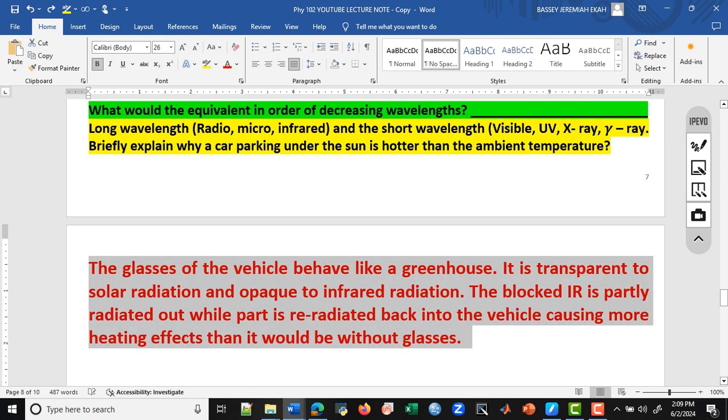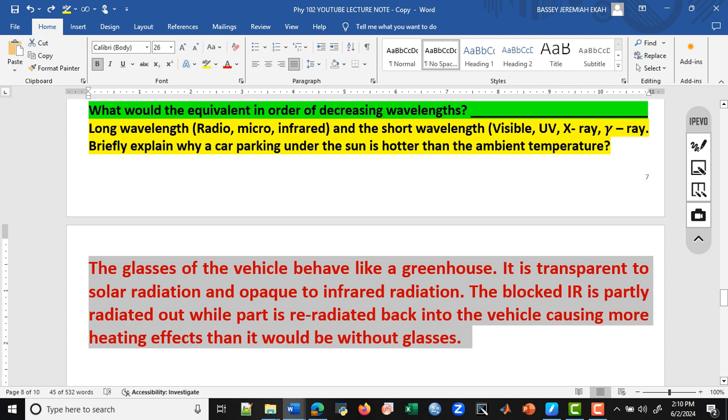Okay, let's look at the solution. The glasses of the vehicle behave like a greenhouse. It is transparent to solar radiation and opaque to infrared radiation. Shorter wavelength has the ability to penetrate objects.